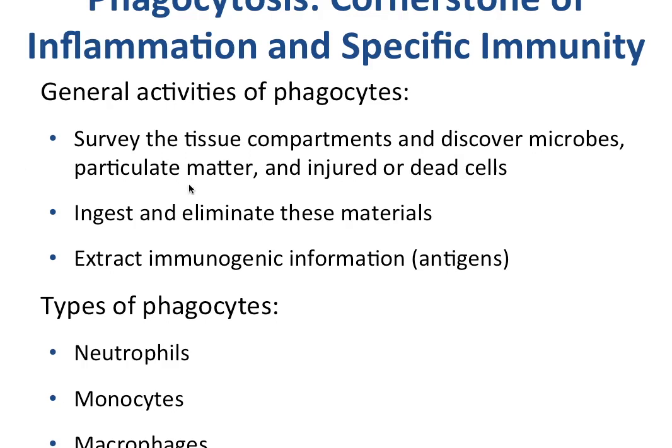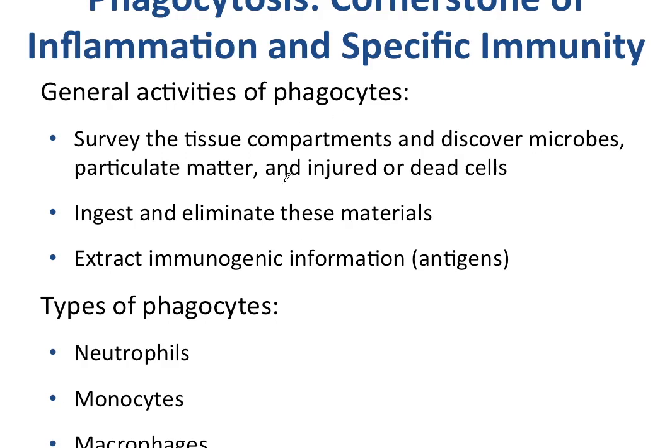The phagocyte can be found everywhere, in many tissues. If microorganisms invade the tissues, the phagocyte can migrate there and kill the cells.